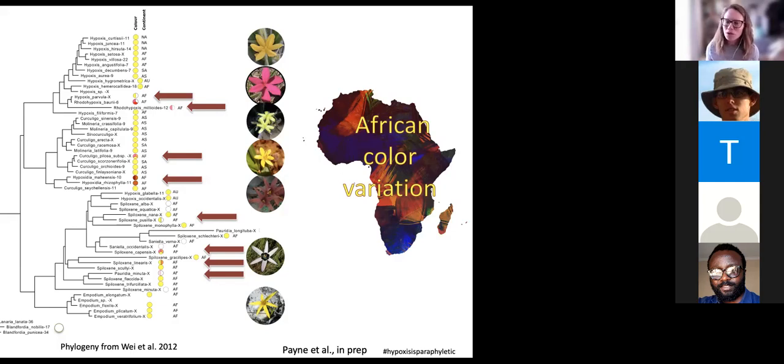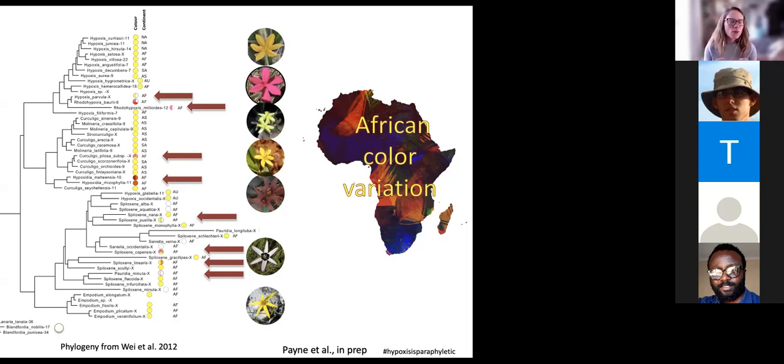Hypoxis is the most well-known genus in the family, and most Hypoxis flowers are yellow. So we were thinking we wouldn't really find too much variability here. However, we did find some color variability, and this is highlighted in these 8 red arrows.